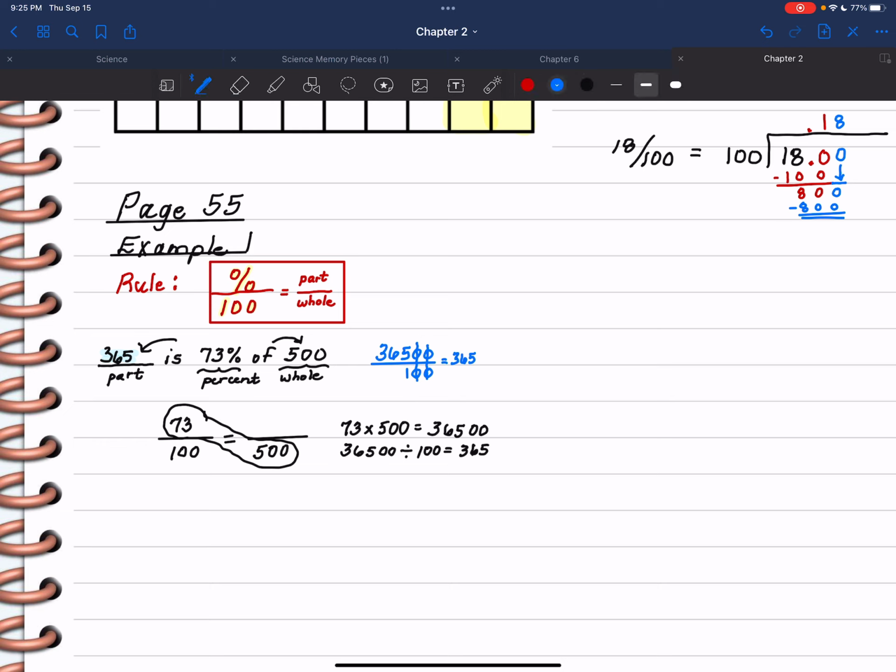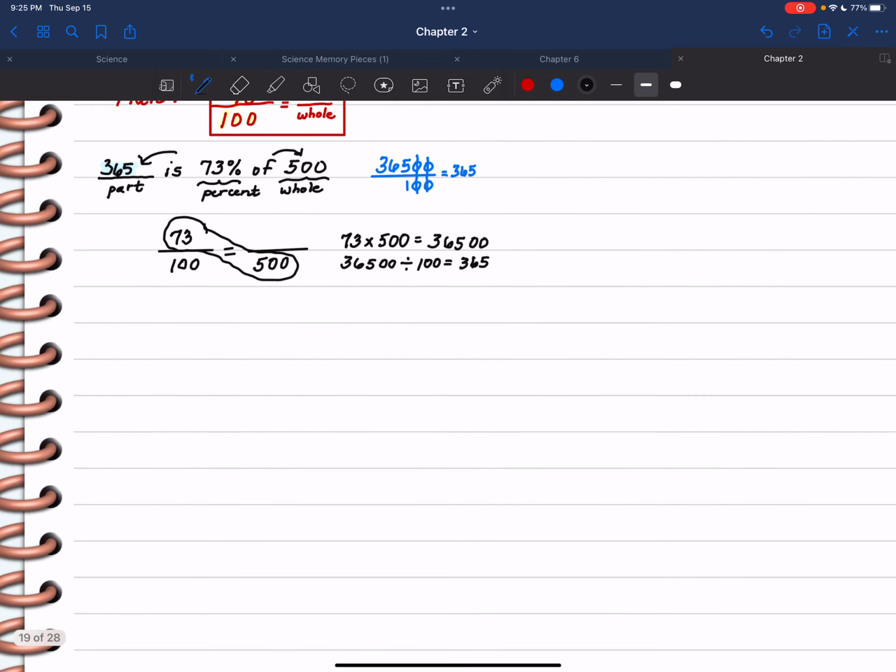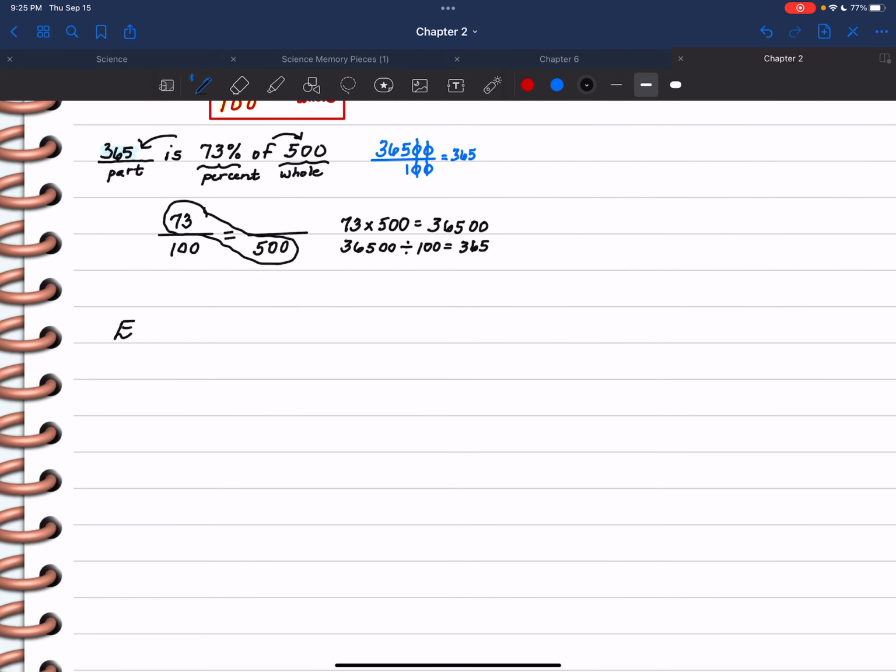All right, we have example 2 also on this page. So let's try this one. And it's talking about writing a fraction as a percent. What percent of the surveyed shoppers reported shopping online because they can find a larger selection of items?